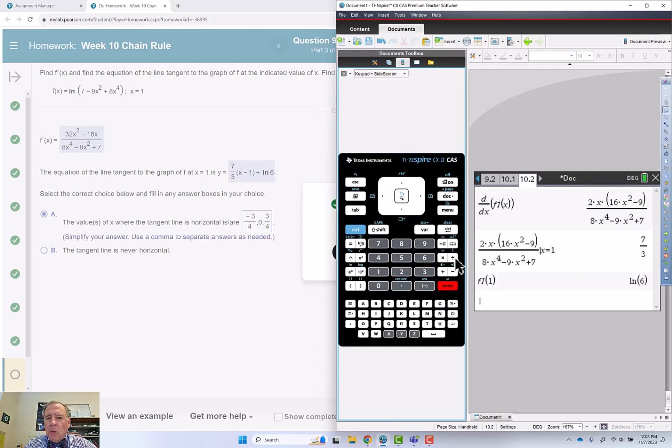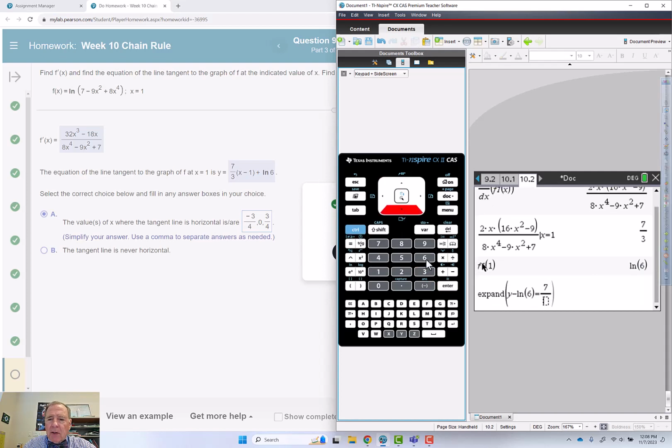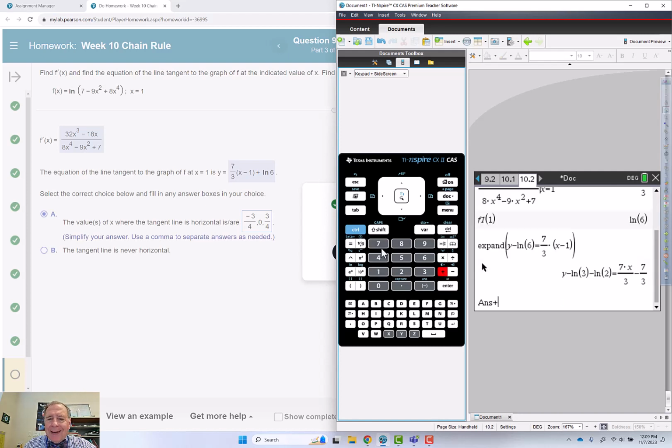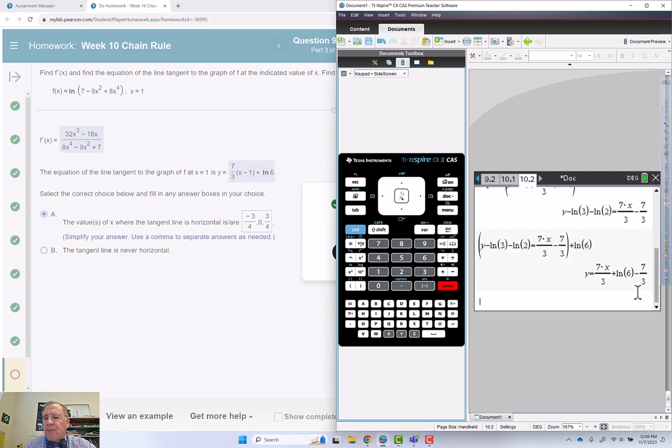So that gives me the y menu 3, 3, y minus natural log of x equals 7 over 3 times parenthesis x minus 1. And I can do that. Then I need to add natural log of 6 to both sides. So I get y equals, they did the slope intercept form.